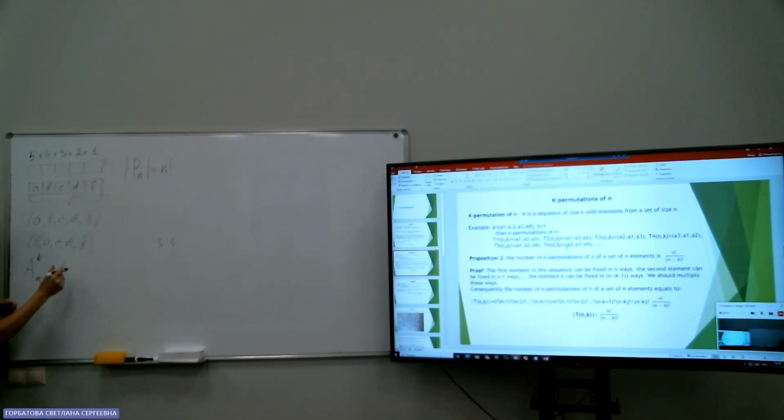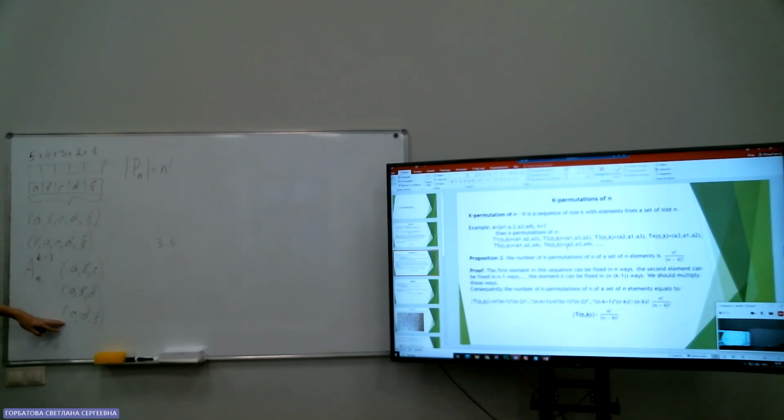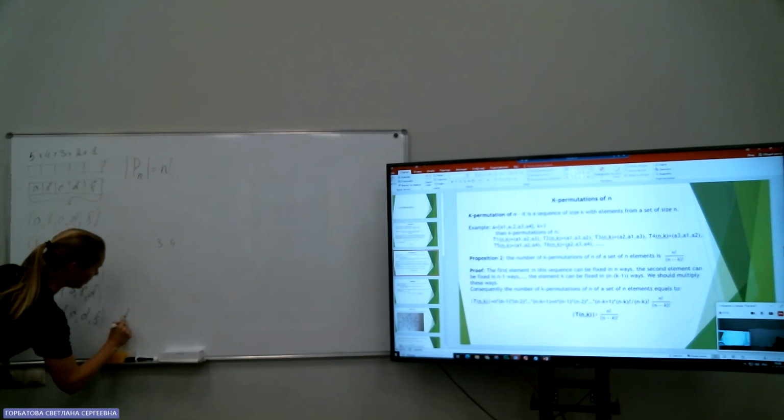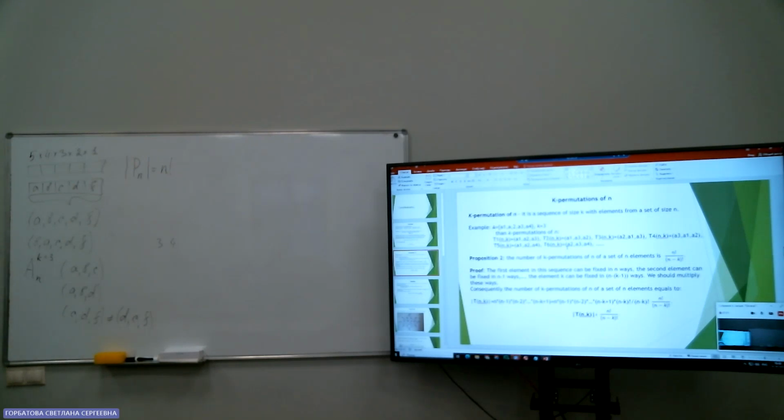For example, if k will be 3, it is A, B, C, or A, B, D, or C, D, F. And the order is important. So C, D, F and D, C, F, it is 2 different k permutations of n elements.